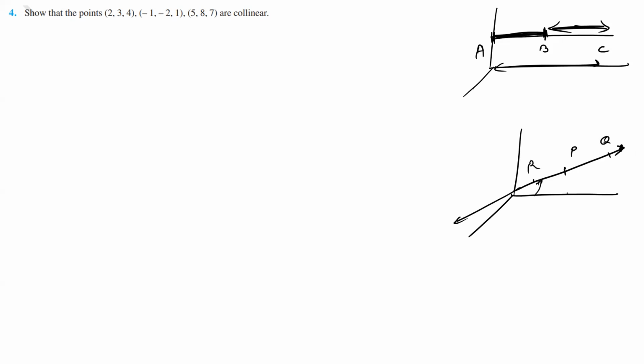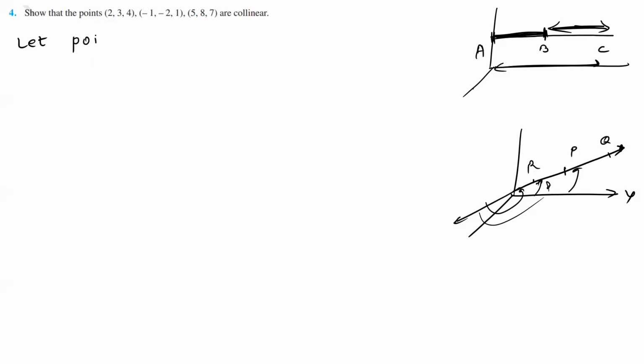They will make the same angle with the x axis, the y axis, and the z axis. We can check with the direction ratios in that case. If the direction ratios are in proportion, we can see it. It's easier.